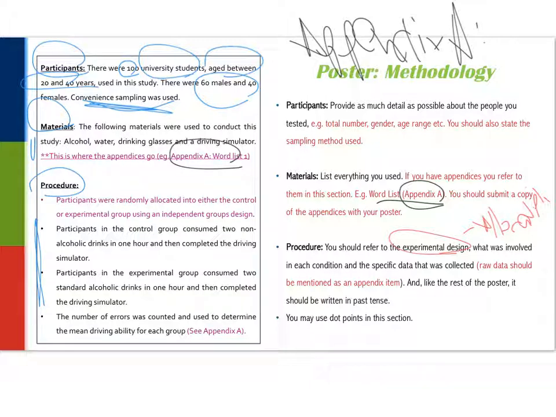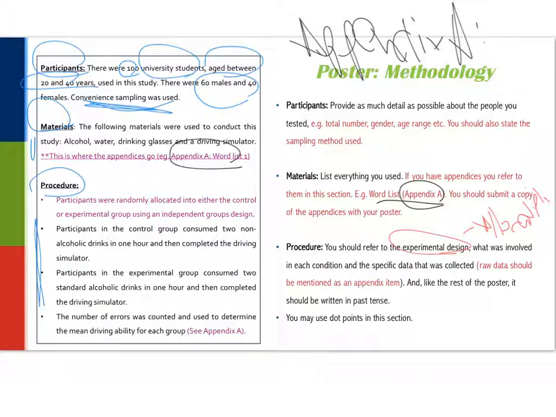What you need to ensure is that you are telling me exactly what each condition or what each group did. So you need to tell me what the experimental group did. And this is where you would put in like all of those really small details, like how long we gave them to learn the word list, how long we gave them to retrieve the information, how many words were in the list.